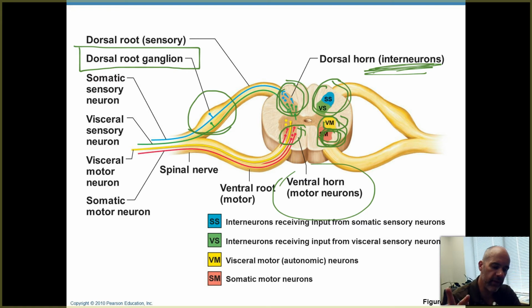And you have this same kind of separation in the dorsal horn. So right in there in blue, that's where your somatic sensory neurons are located, receiving incoming information from the skin, muscles, etc. And then in green, in that VS area, the cell bodies of interneurons that are receiving input from your visceral sensory neurons are located there.